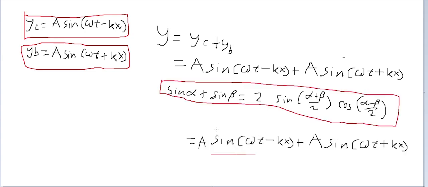Now that the amplitude is out, we apply the trigonometry formula, and we get A times 2 sin kx cos omega t.